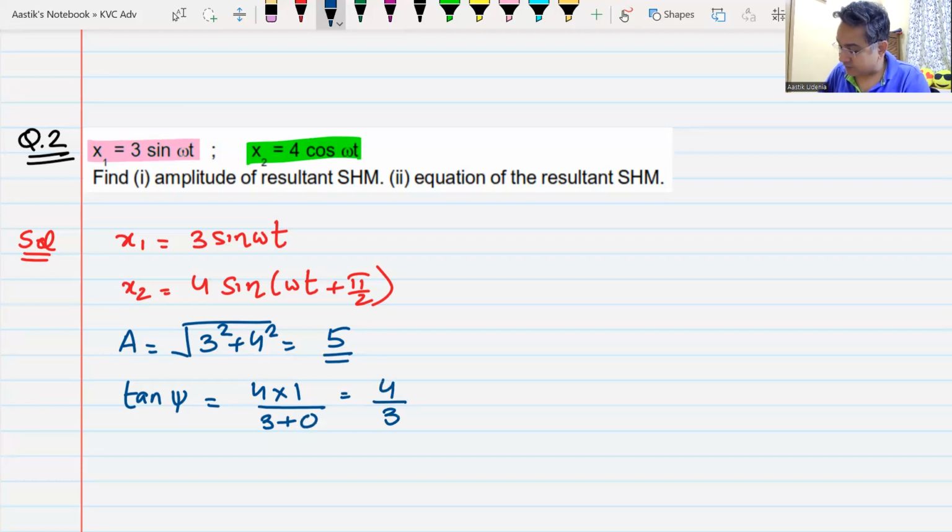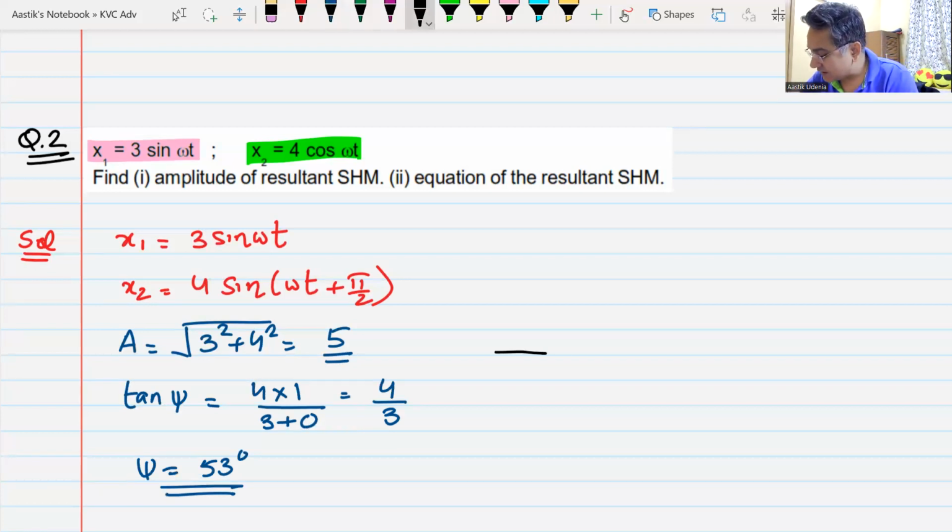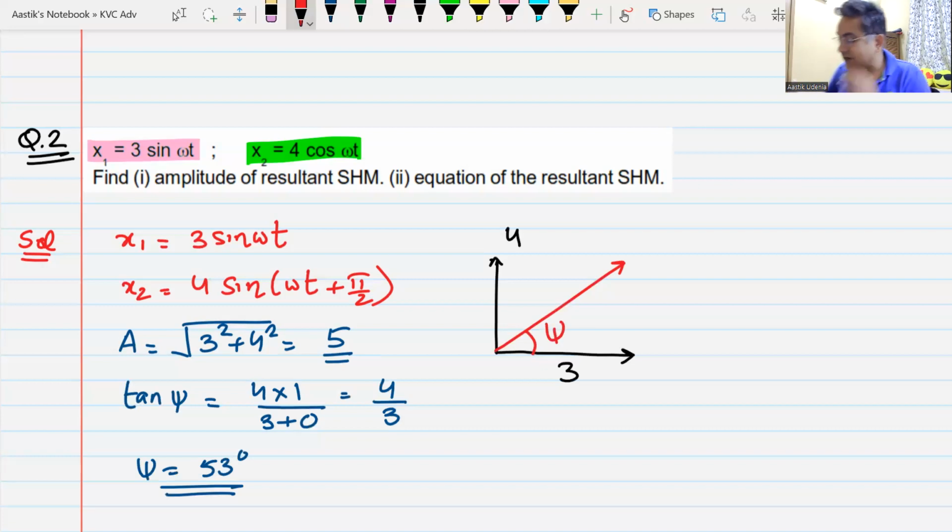So tan xi becomes 4 by 3, or xi simply becomes 53 degrees. You don't even have to do that. If you understand that if this wave is here 3, this wave would be here 4, you can very easily find the resultant. The resultant will go like this, and tan of this angle xi will be 4 divided by 3. Yes or no? Yes, sir. See, it is quite simple this way.